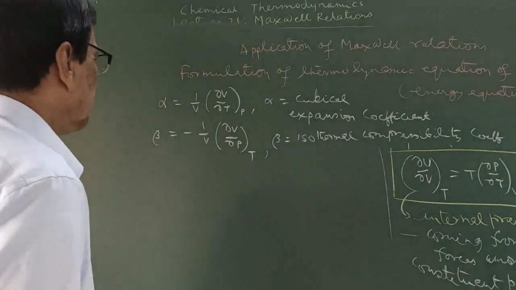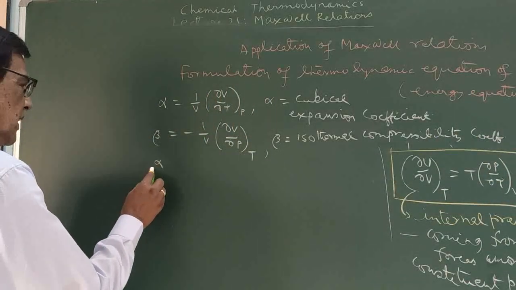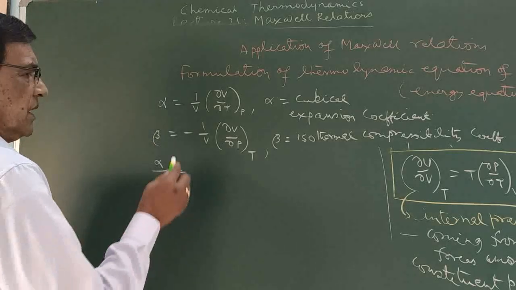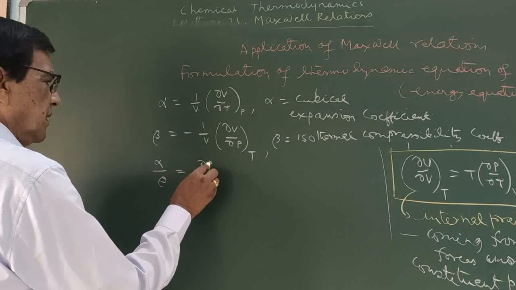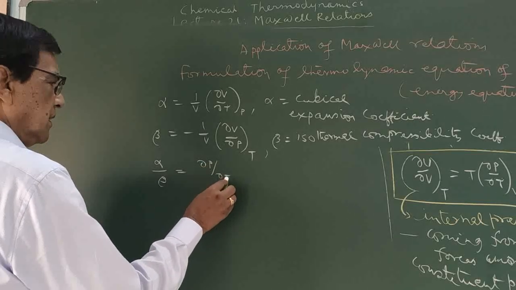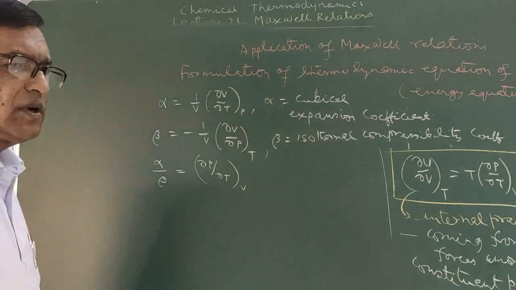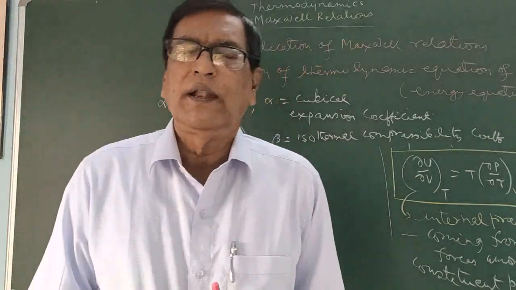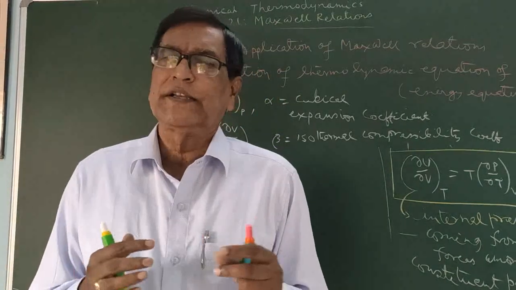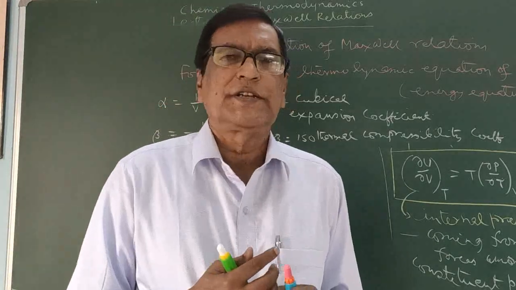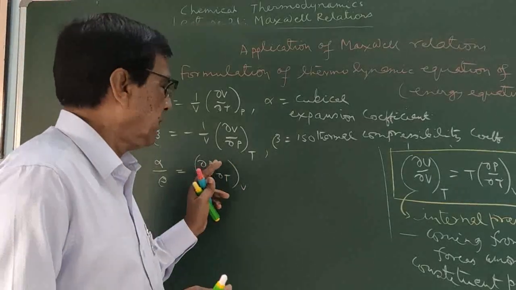of the system. So if we do the calculations, alpha by beta is equal to ∂P/∂T at constant volume. This one I have shown while formulating Cp minus Cv for substances in terms of alpha and beta.